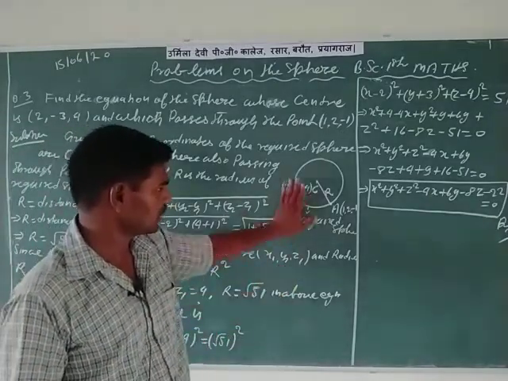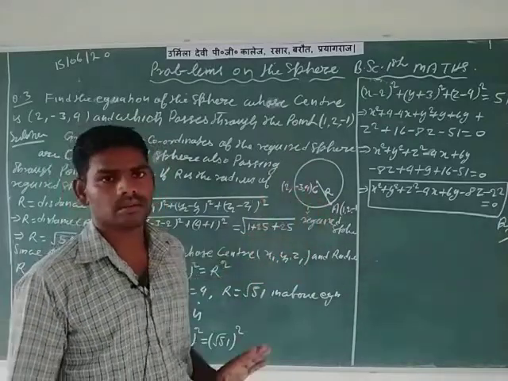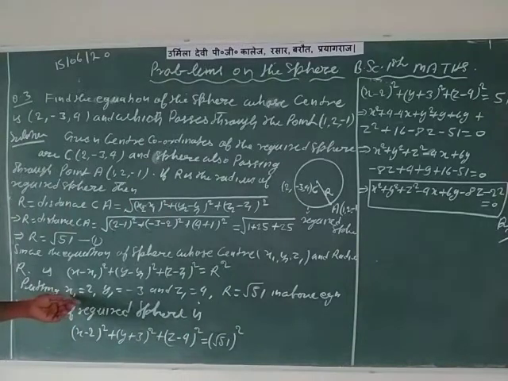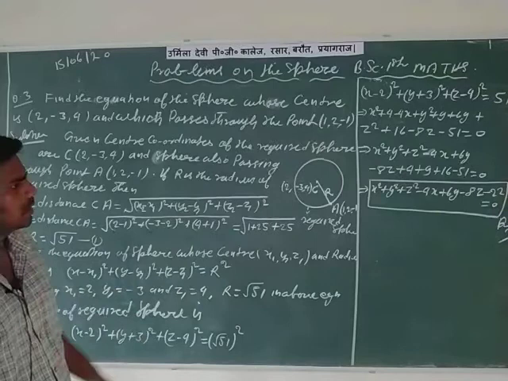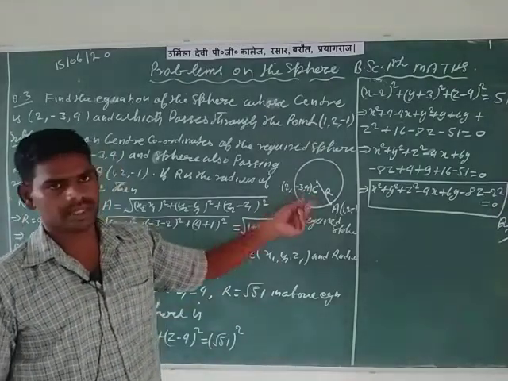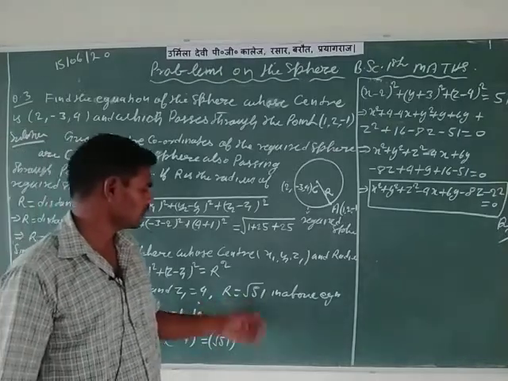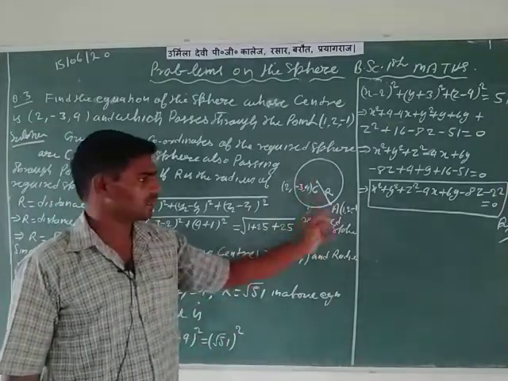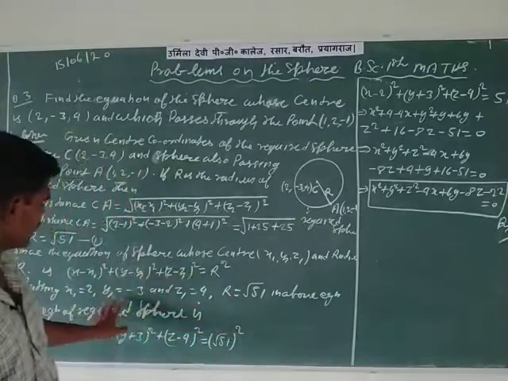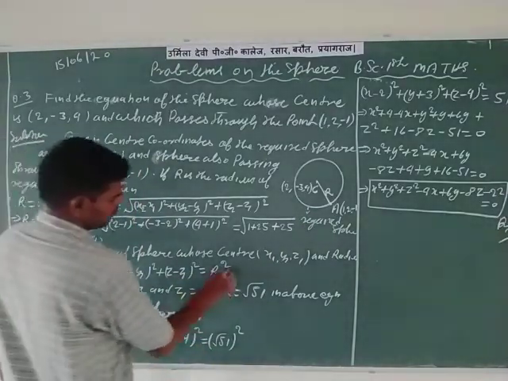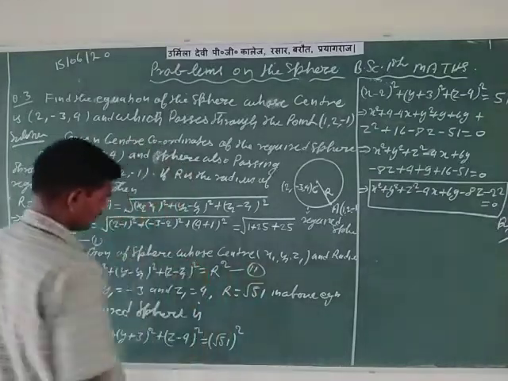In this question, center and radius are confirmed. So putting the values x1 equal to 2, y1 equal to minus 3, z1 equal to 4, because here capital C is the center of the sphere, and R is equal to under root 51, the radius of the required sphere. Putting all these values gives equation second.